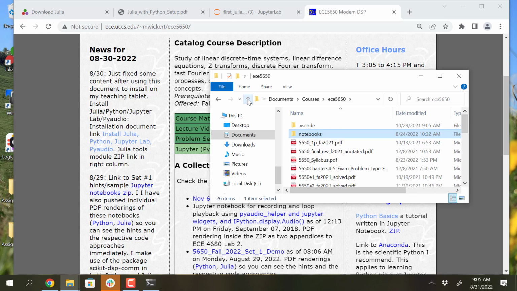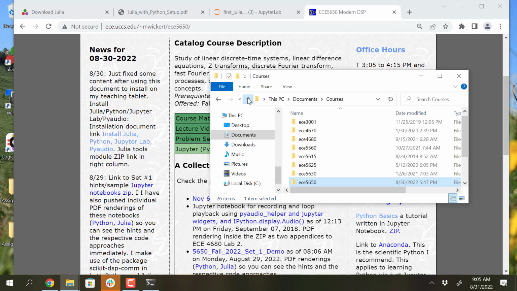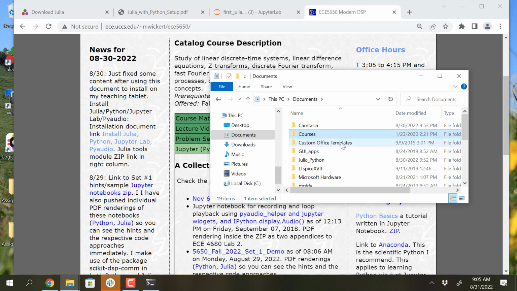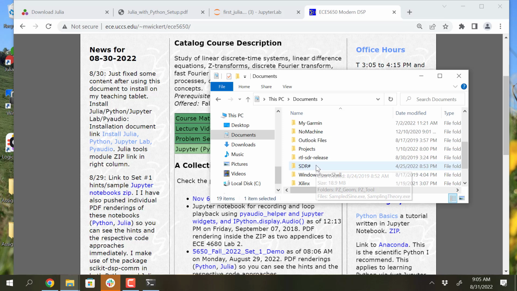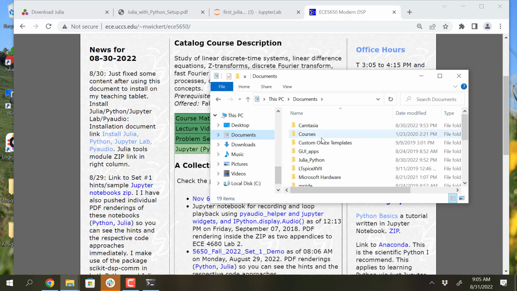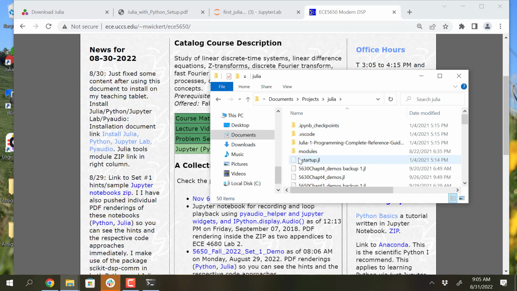When I was doing my recording of the install last night, I created a new folder though. I created a folder under Projects. Let's see if I can figure out where I put that. Projects, and I called it Julia. No, I didn't call it Julia.